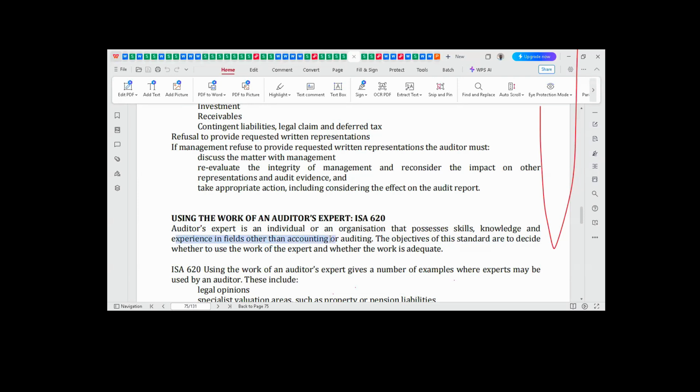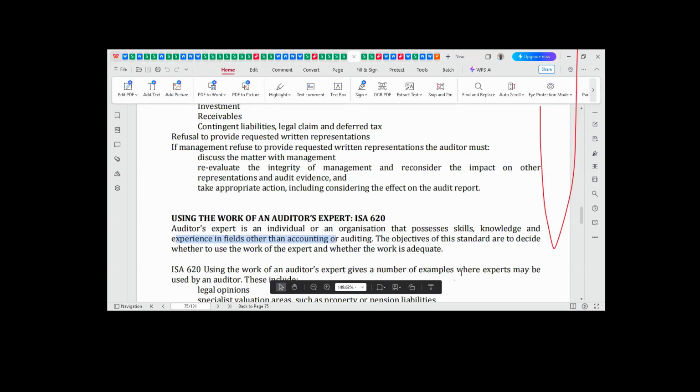Examples: lawyers, surveyors, architects, engineers, risk management consultants, IT consultants, actuaries. These are examples of experts.